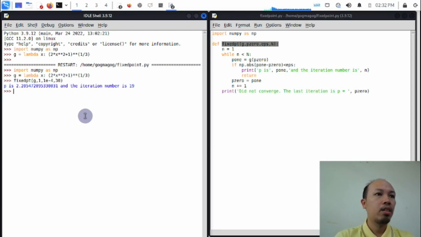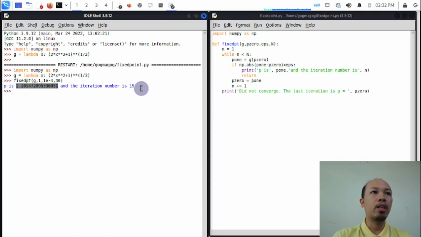Enter. So our fixed point is 2.20547. Let's copy this first.